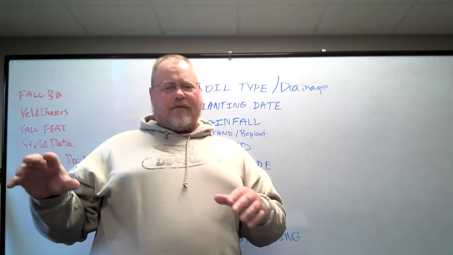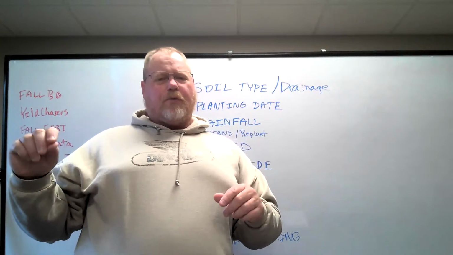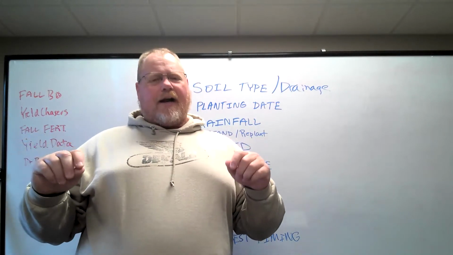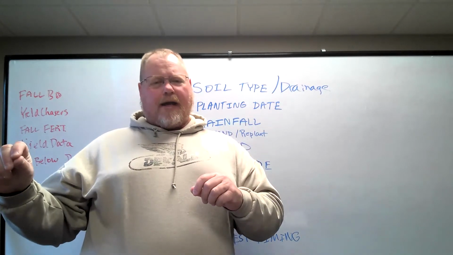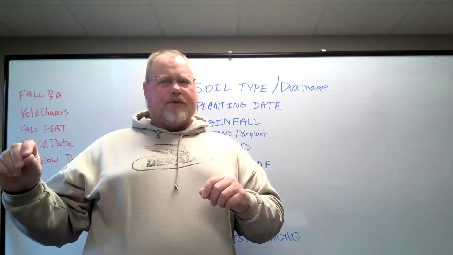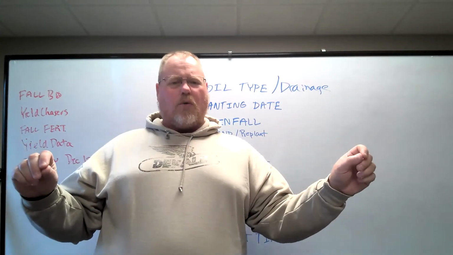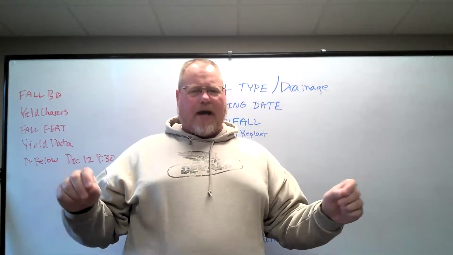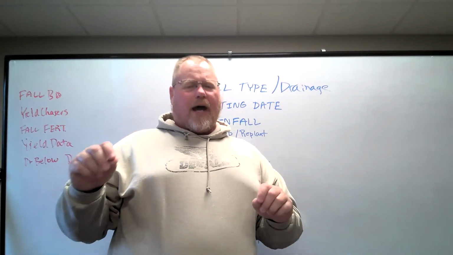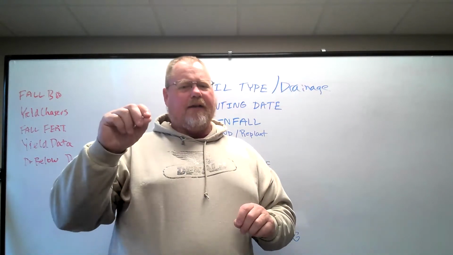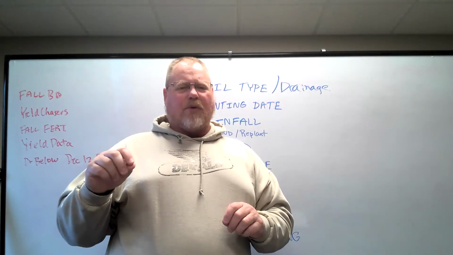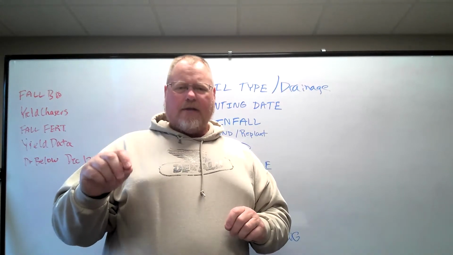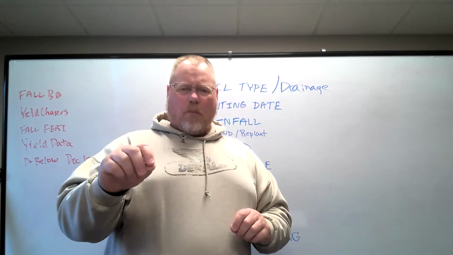And this is a bit of an overstatement, but it holds pretty true. In a lot of areas, the best corn in May was about the same yield as the worst corn in April. So there was a pretty big delta between April and May, corn and soybeans both. I would say proportionately, the impact of planting date was probably greater on soybeans than it was on corn, which is normal.